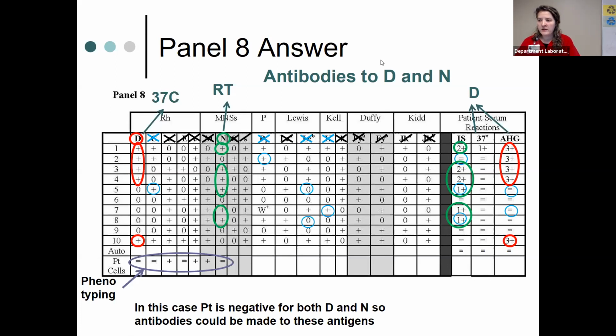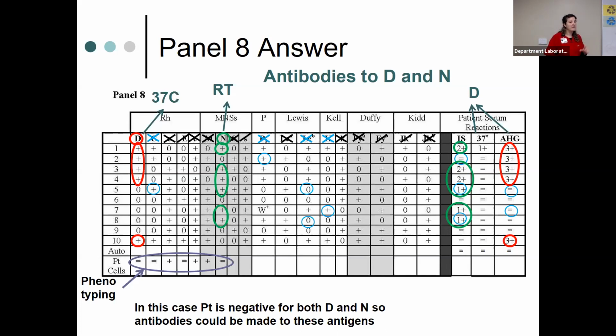Sarah makes a point that she did not have big C ruled out, and that is because big C is positive on panel cell 5. You do have an initial spin reaction in your patient plasma on cell 5, but remember, big C is in your RH family. So if your patient had anti-big C, we would see a reaction at 37 degrees and AHG, okay?